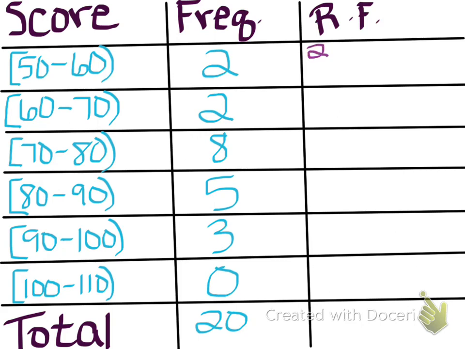This works exactly the same as it did before. We're going to take the number of people in that group and divide it by the total number of people that we were looking at.